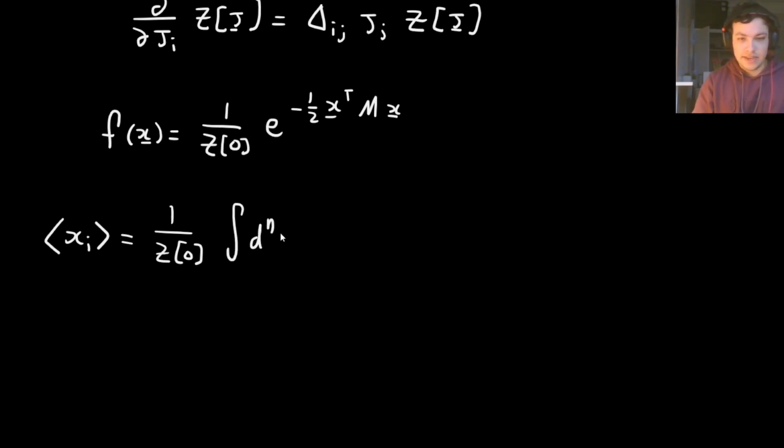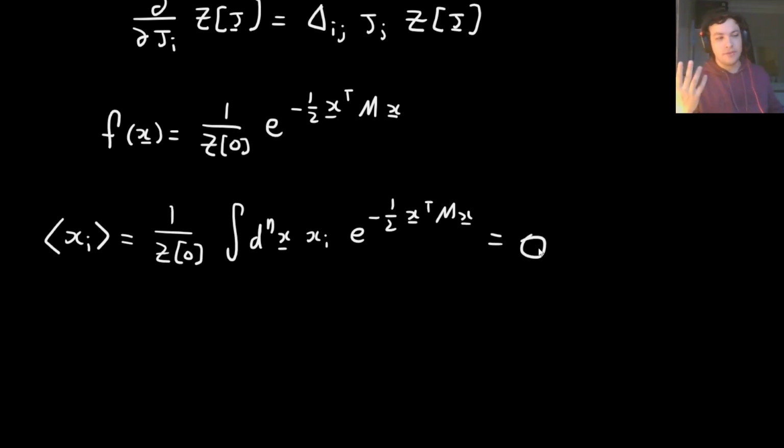Integral d^n x x_i e to the negative half x transpose M x. And this is 0 because M is symmetric, which means that our distribution is symmetric around the origin. So x_i, the expectation value, is going to be 0. You're equally as likely to get this thing at plus 10 as minus 10, and so on. So it's going to cancel.